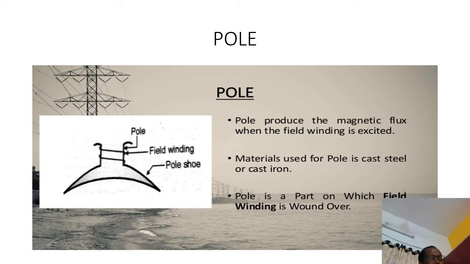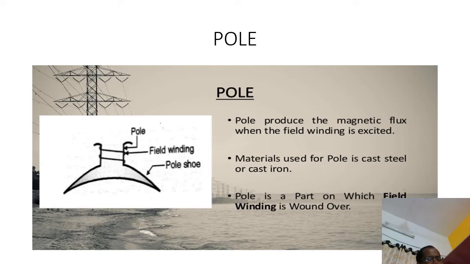In modern design, the complete pole core and pole shoes are made up of thin laminations approximately 0.5 mm thick, which are pressed together and riveted and secured to the yoke by means of screws bolted into the steel rod. The main function of the pole core is to establish the required magnetic flux.